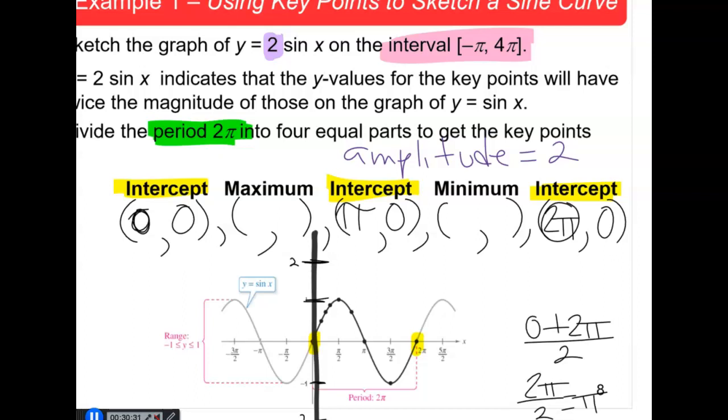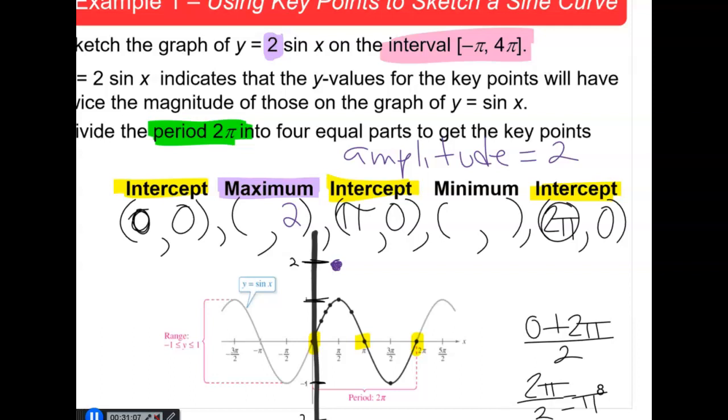All right, now we're going to try to find the coordinates for the maximum point. The maximum point is going to have a y value not of 1, but of 2. And so that point will occur here. How do I know it's there? Well, because that maximum is going to be exactly halfway between the first two intercepts, the one on the left and the one in the middle.